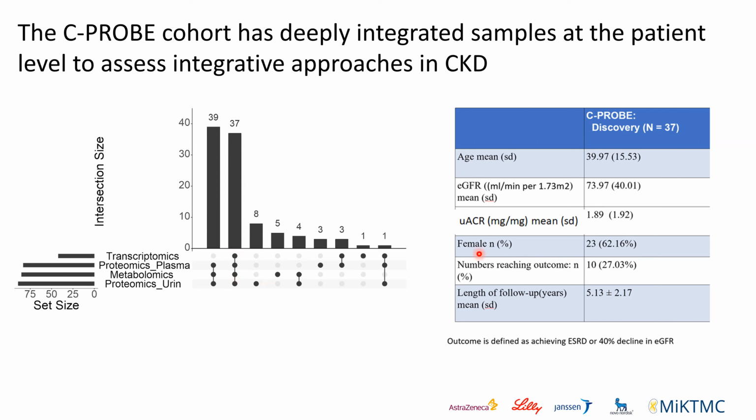The second reason is that these patients have a good follow-up time, at least 5 years, and a third of these patients reach the outcome. When I say the outcome, I mean when the patient achieves end-stage renal disease or a 40% decline in their eGFR.